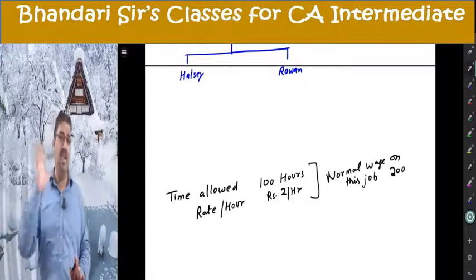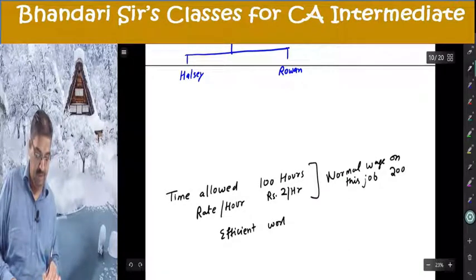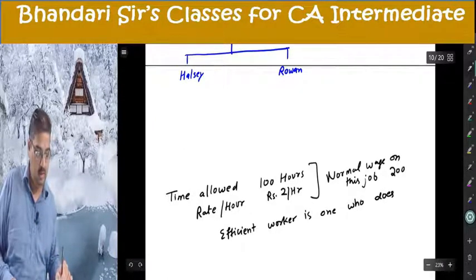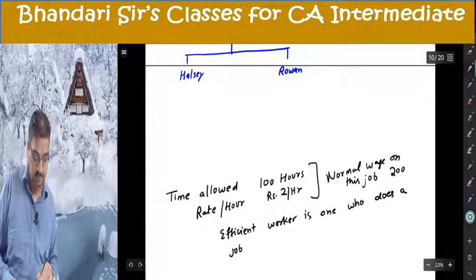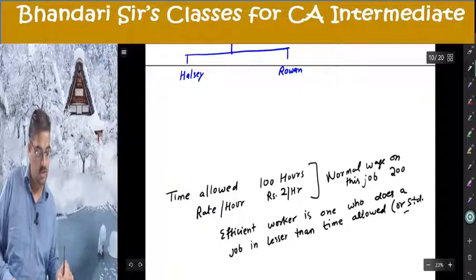Who is an efficient worker? Efficient worker, look at definition. Efficient worker is one who does a job in lesser than time allowed or standard time.